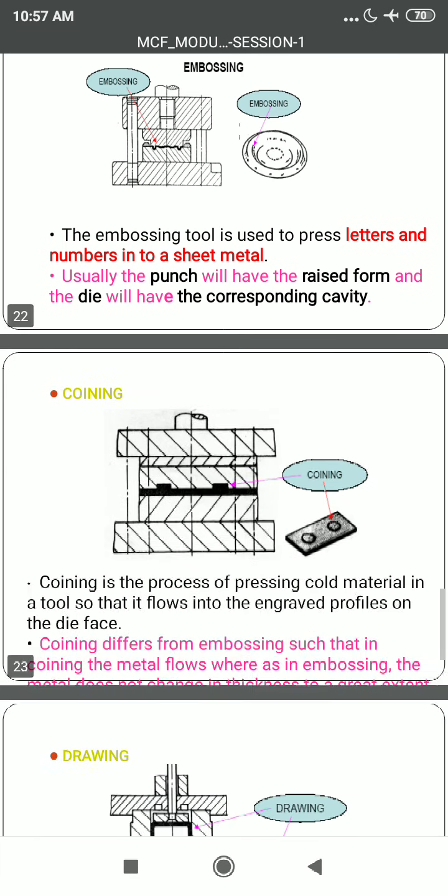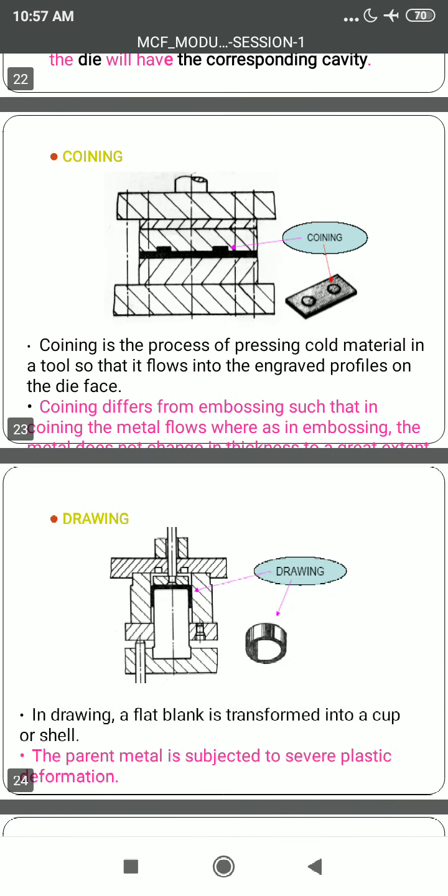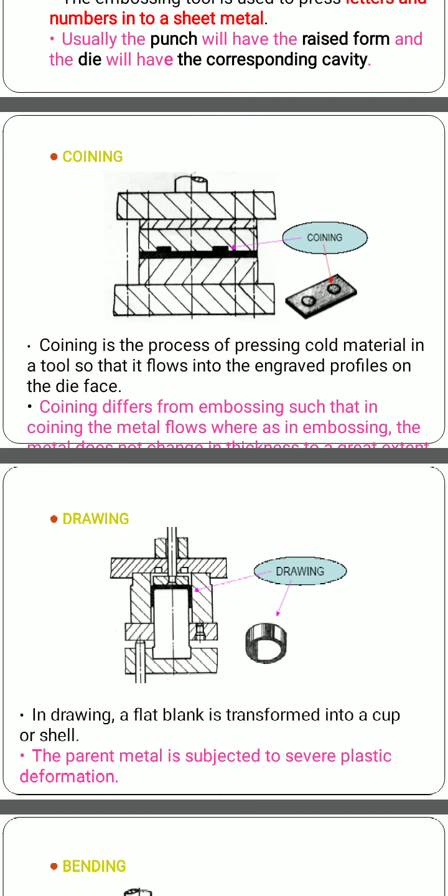So next is coining operations. Coining is a process of pressing cold material in a tool so that it flows into the engraved profiles on the die face.